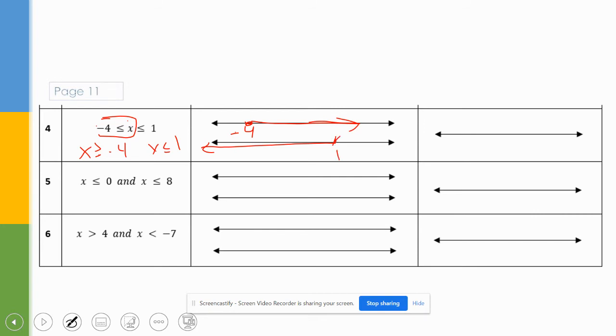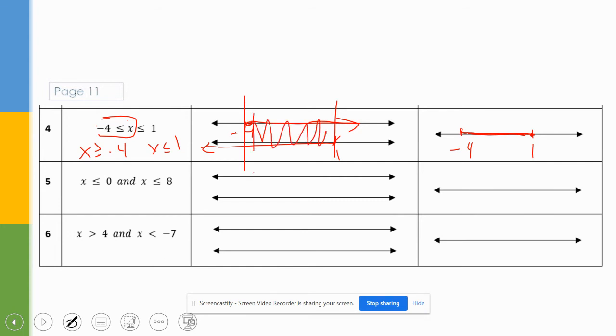So I want to look for the place where they overlap, which is right here in the middle. And that's my final graph. So I start at -4 and I go to +1. My answer is going to be the parts in between. It's hard to make a point on here, so you might have to just make your point there. So I shade both things. The answer is the overlap, this part in the middle where both graphs would be.